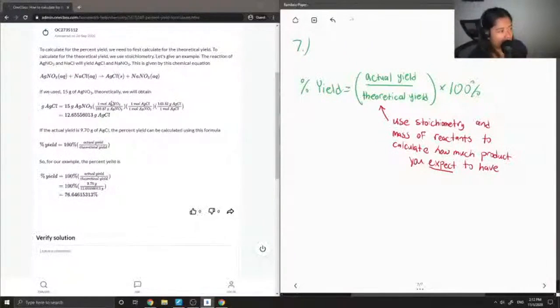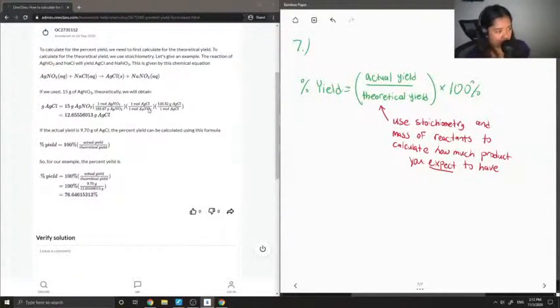So to calculate the theoretical grams of silver chloride, you have your 15 grams of silver nitrate, and then you want to find out the number of moles that you get for silver nitrate. So they did that just by dividing by the molar mass. And then to convert to moles of silver chloride, you need to multiply by the molar ratio.